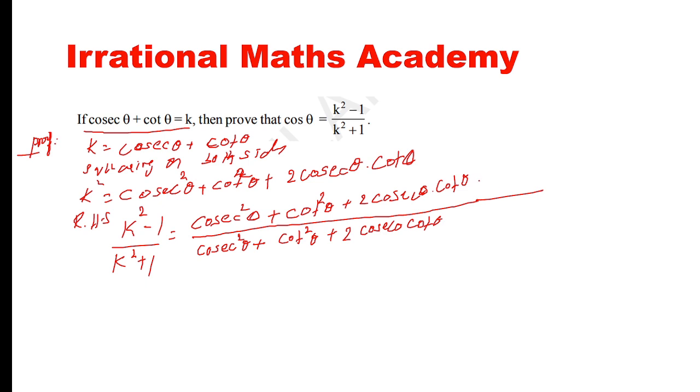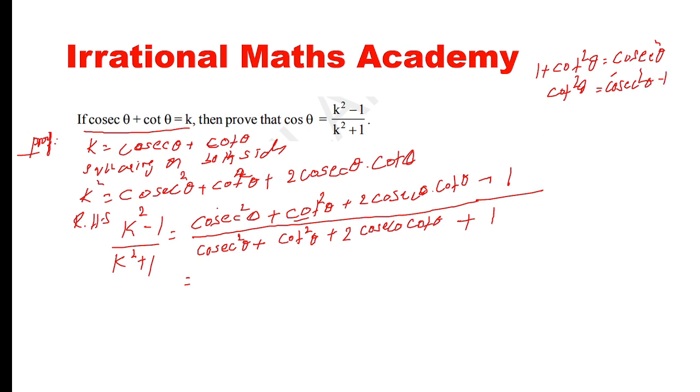One thing we forgot here: in the numerator it would be minus 1, and in the denominator plus 1. And one thing we know, from this identity, cot square theta equals cosecant square theta minus 1.